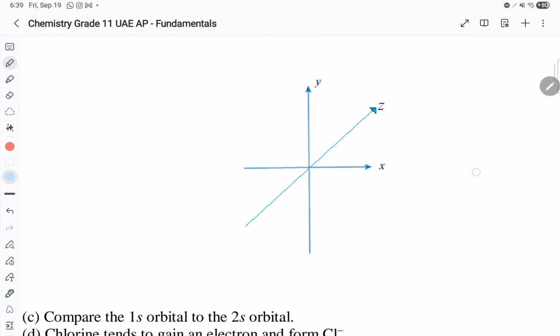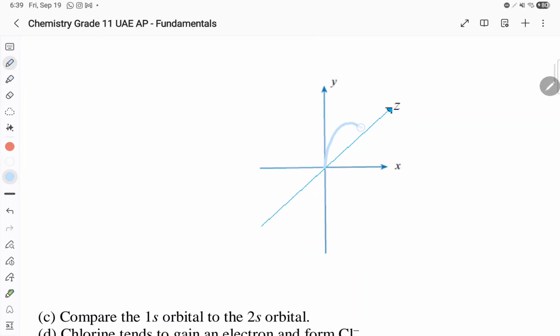So we have to add it onto this axis because it is 3pz. And you're going to say, why is it like this? Because we said p orbital has a dumbbell shape. It has to have a dumbbell shape.